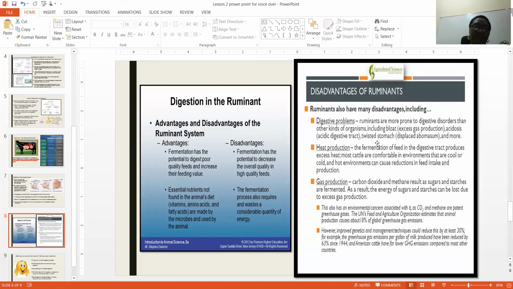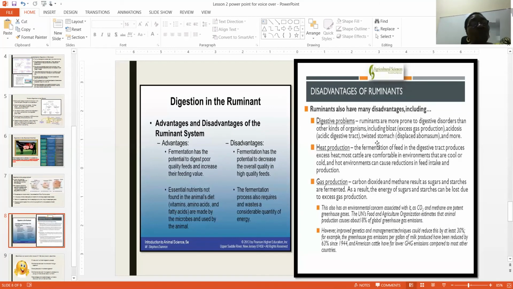Now, what are the advantages or disadvantages of the ruminant system? I would like to say that this fermentation that occurs has the potential to digest poor quality feeds and increase their feeding value. You know, we mentioned that the microorganisms will act on whatever material is provided in the rumen.